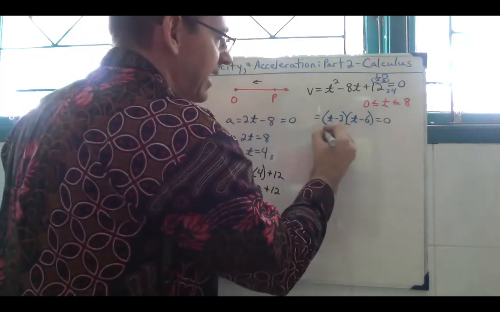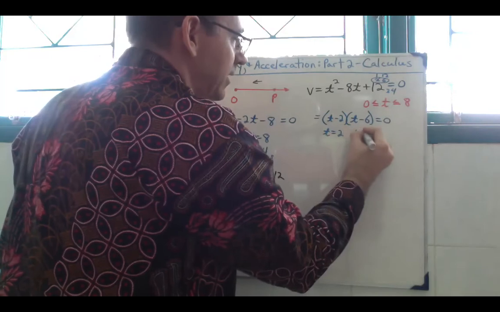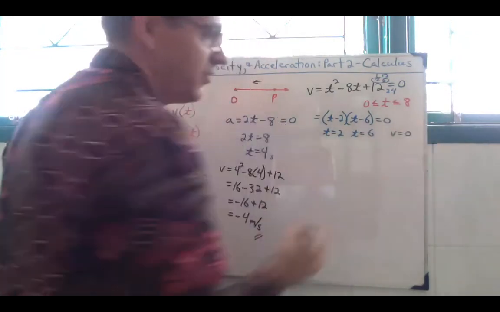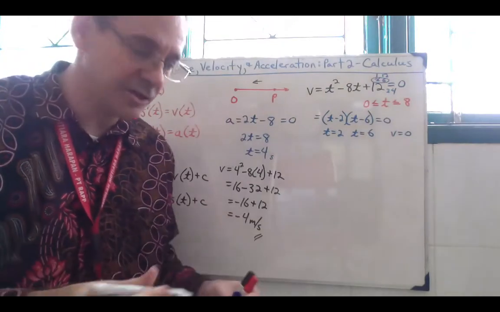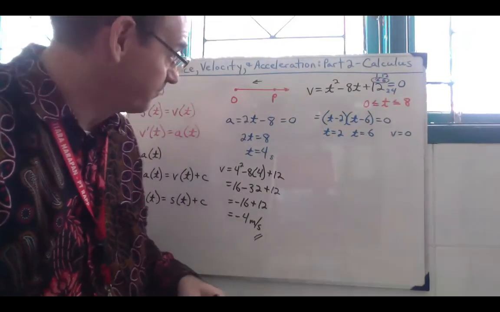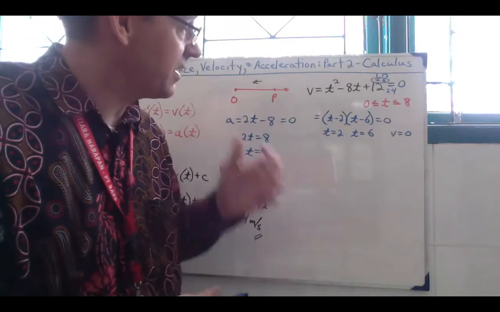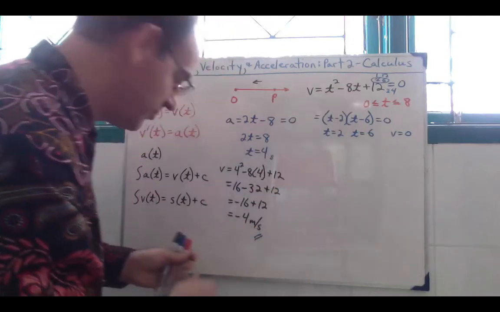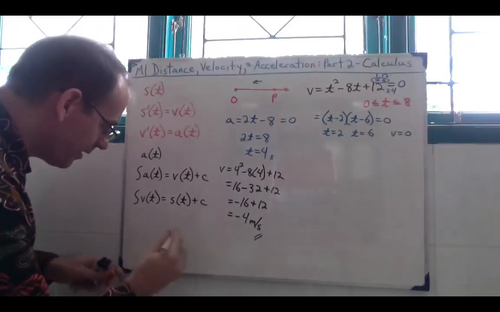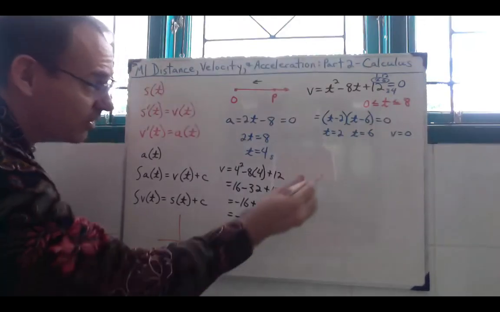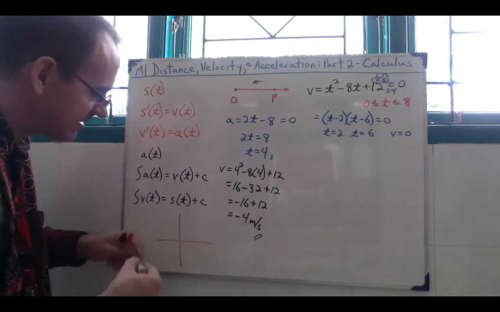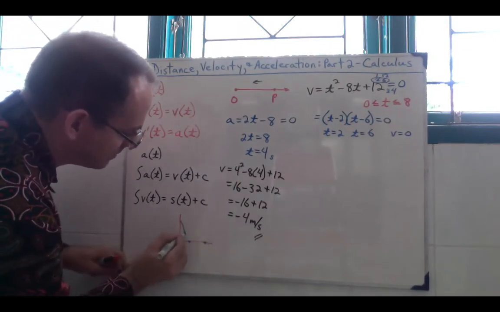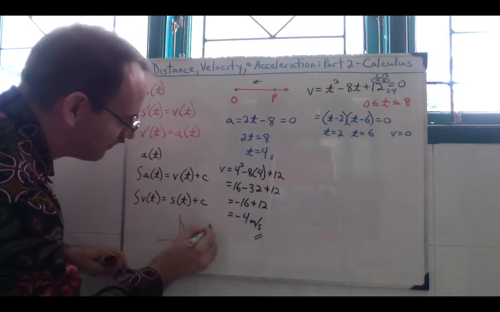So that means at t equals 2 and at t equals 6, our velocity is 0. It stopped, meaning it's going to turn around and go the other direction. You can also think of this as a parabola. Okay, so let me draw over here in the corner. If you have a parabola with values of 2 and 6, that means we got a graph like this.